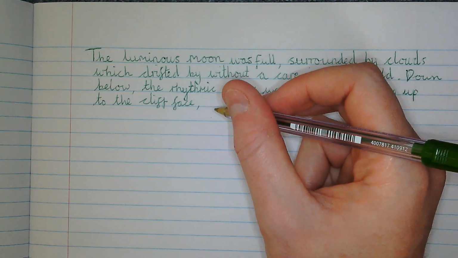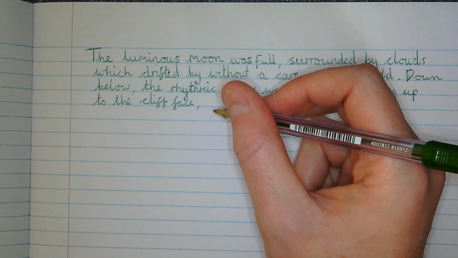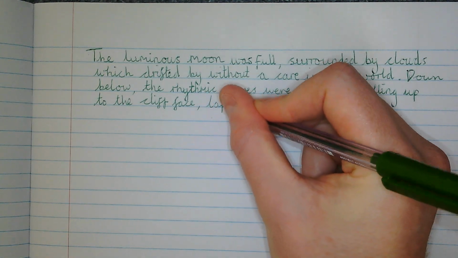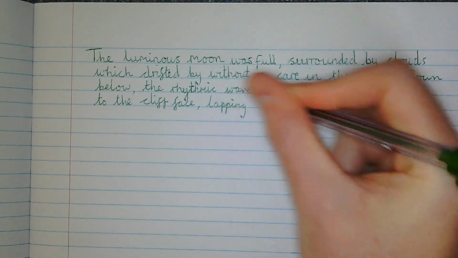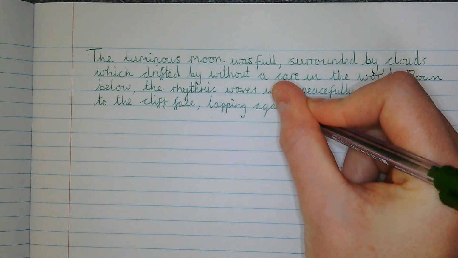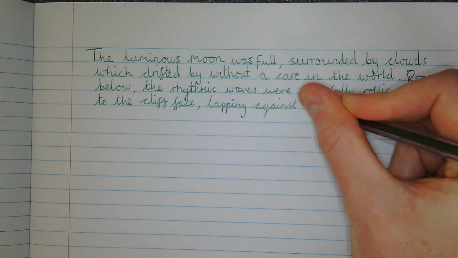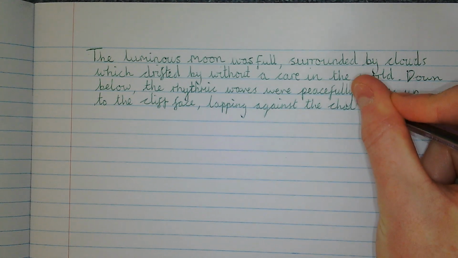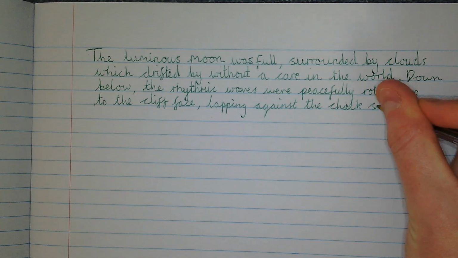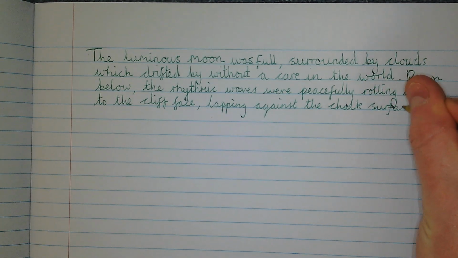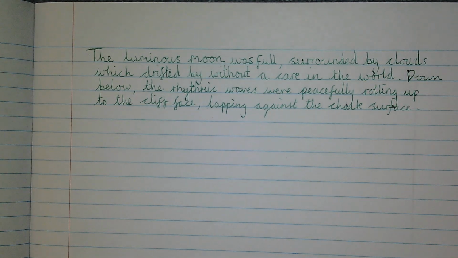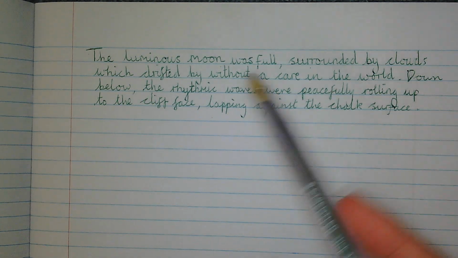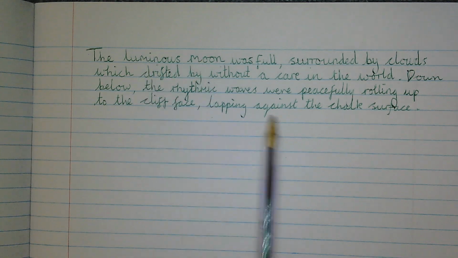Cliff faces sometimes are made of chalk, so I'm going to go for lapping against the chalk surface. Full stop.